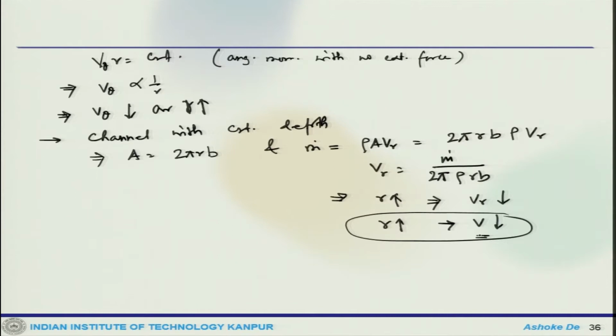However, one can see the density increases as V decreases, because your pressure actually increases, and hence V r is not exactly proportional to 1 by r. So, this variation depends on the variation of density also. Hence, one has to calculate this by using the continuity equation.